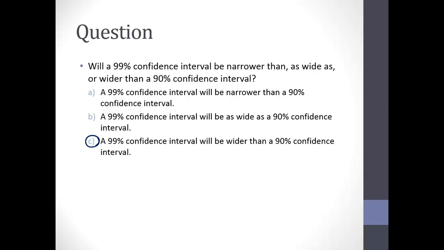We're going to multiply by a bigger z star? Yes, exactly. So z star will be larger. How does that change the margin of error? Yeah, right. So larger z star means that my margin of error is also larger.